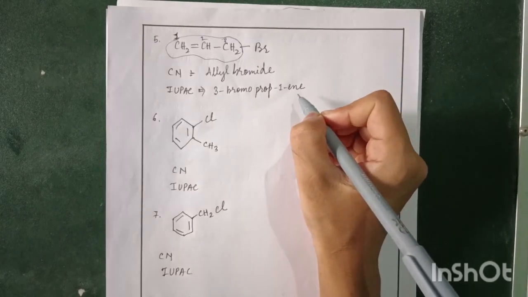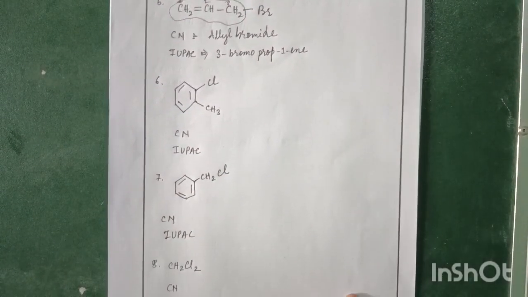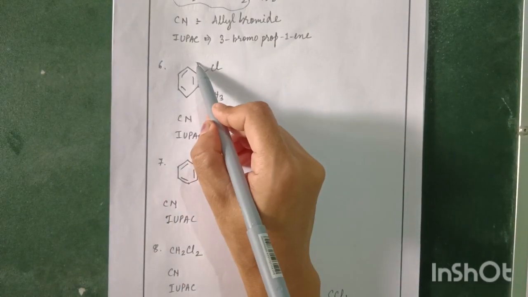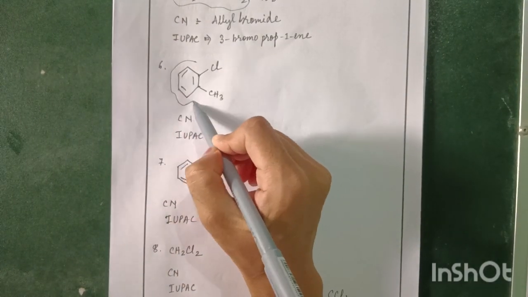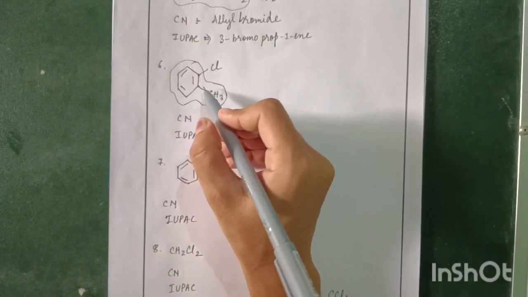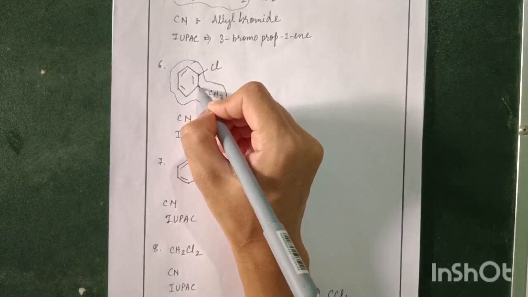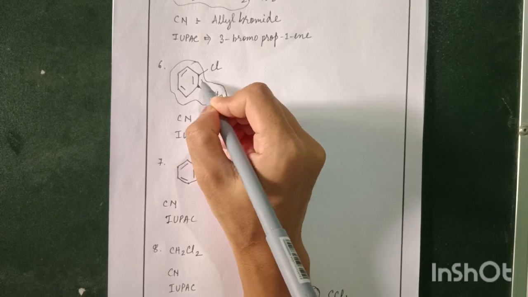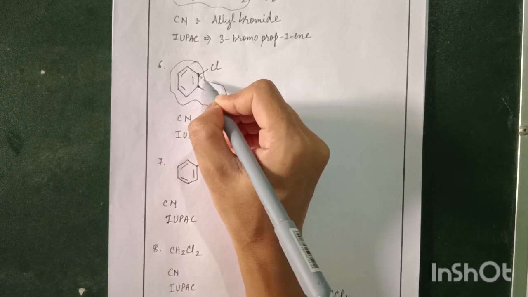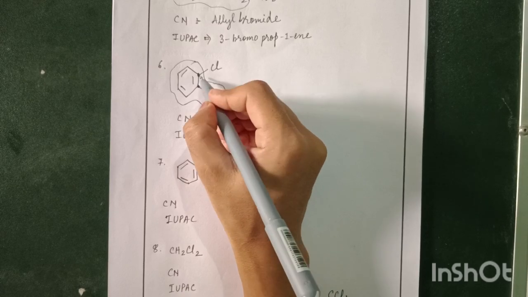Now let us go to the next compound. We have to know some of these compounds. This compound is called toluene. With respect to this carbon, the just adjacent carbon, the near carbon, is in the second position, 1, 2. So this is your ortho position.